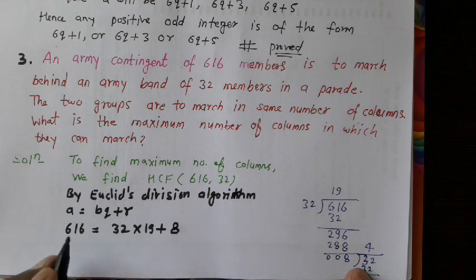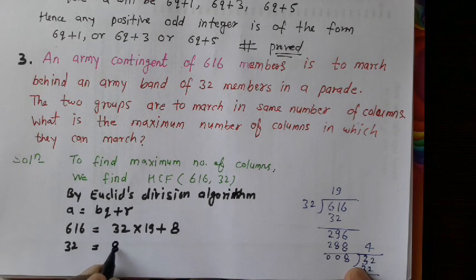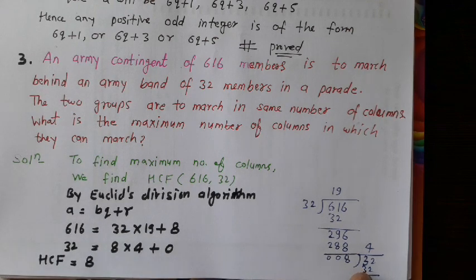Therefore 32 equal to 8, the divisor, multiplied by 4 plus remainder 0. If the remainder is 0, then the HCF is the divisor. So the answer will be 8.